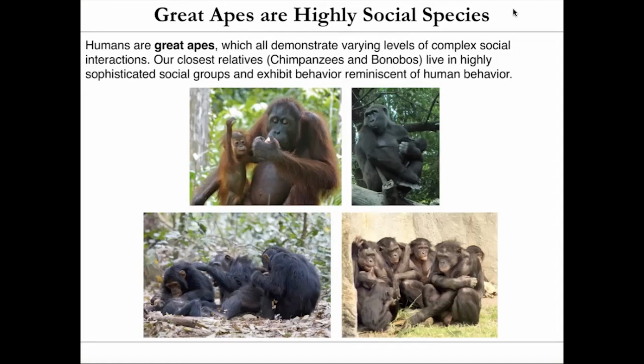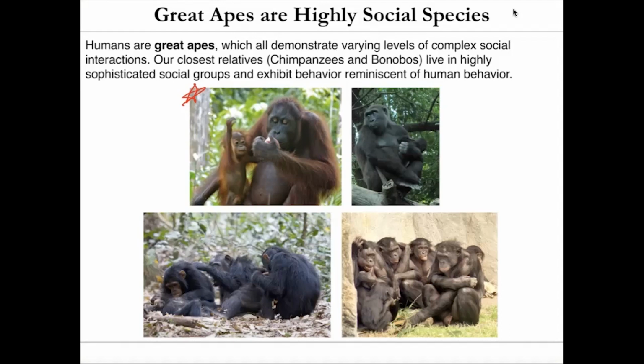Orangutans are the least social of the great apes. They're described basically as solitary but social. They usually exist as solitary individuals who just do their own thing, searching for food. Mothers will care for their babies, of course, for extended periods of time and have close social bonds.